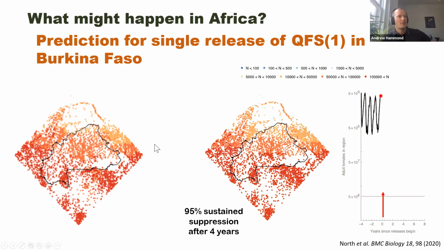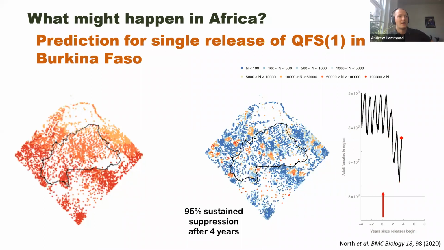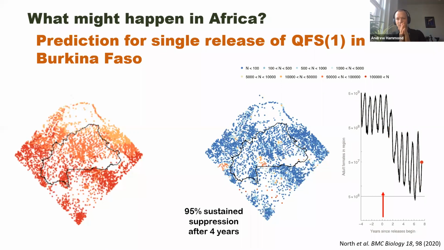But when we release it now, what you see is that very, very rapidly, the gene drive spreads almost everywhere. So it doesn't spread outwards in one wave from a central point. What you see is that because of the migration of mosquitoes, it spreads very, very rapidly through an entire region and causes suppression, which is very drastic.